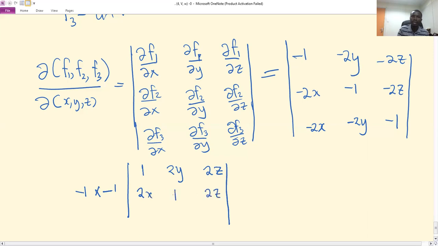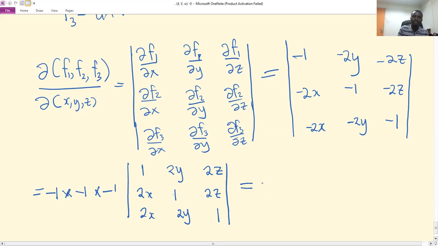Similarly, in this row, I have a factor minus 1 for all the elements, so I also factor out minus 1, leaving 2x, 2y, 1. So the advice is that please revisit your work on determinants to see how those properties can help you to reduce a determinant when you're finding the Jacobian.